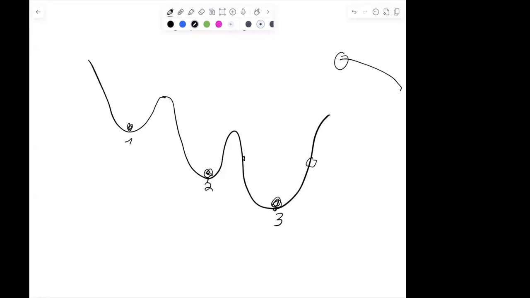The quantum interpretation of this situation is as follows. Our wave function is equal to A1 times phi1 plus A2 times phi2 plus A3 times phi3. What it means is the following.